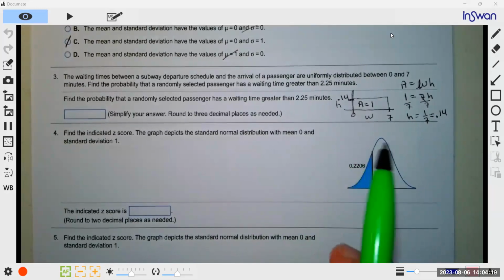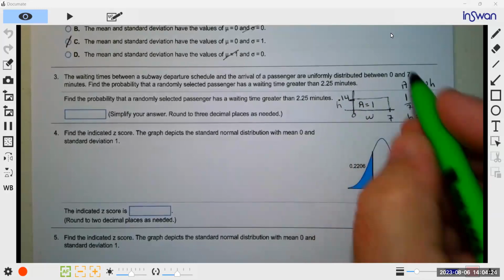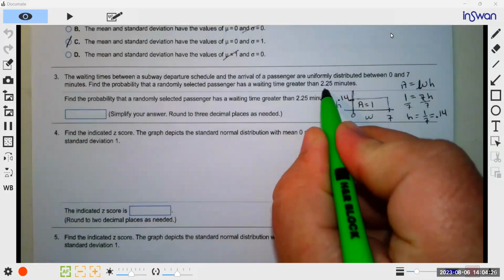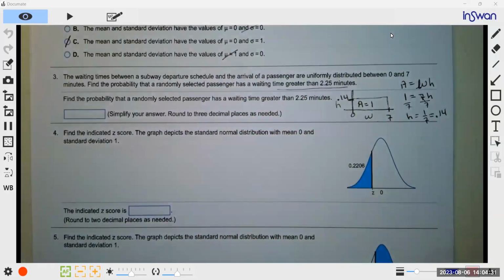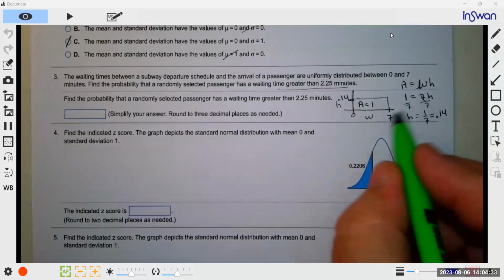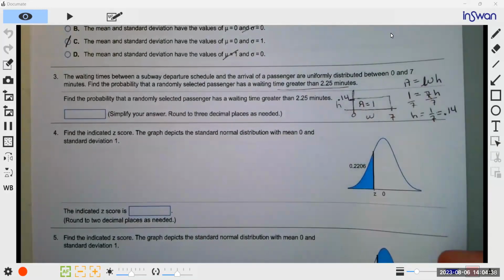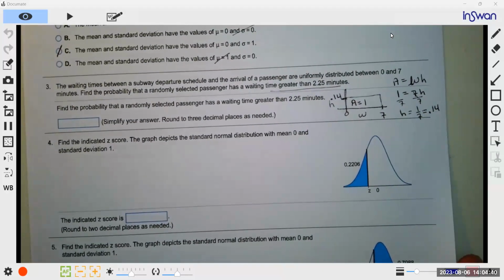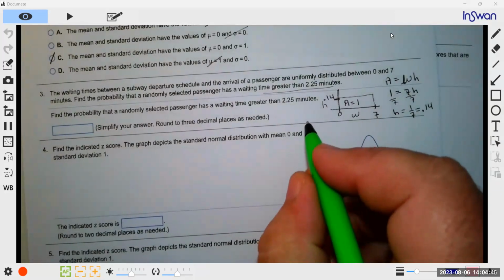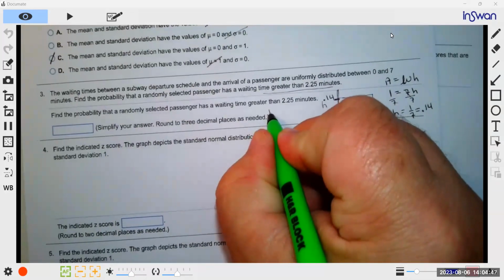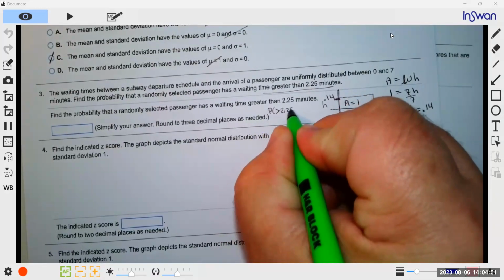All right, so now we have the formula of this thing. Ours says specifically the waiting time is greater than 2.25. So let me just use scratch paper. I'm looking for the probability greater than 2.25.